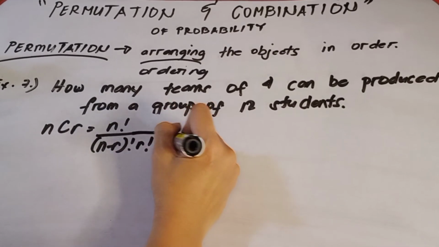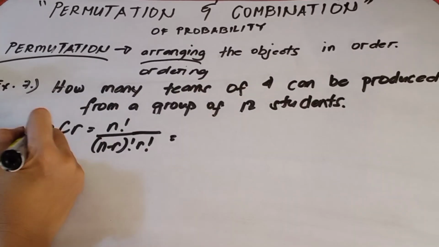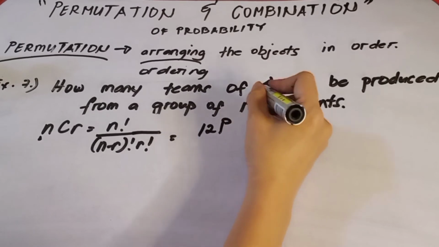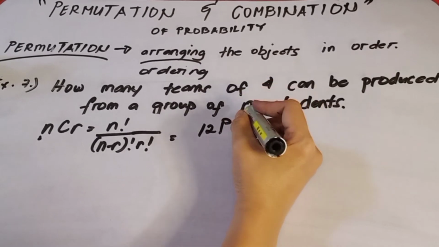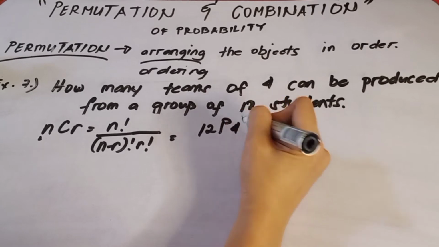Okay. So, paano natin? Let's just rewrite. So, that is, yung n is a group of 12 students. And the number that we need to group is 4.